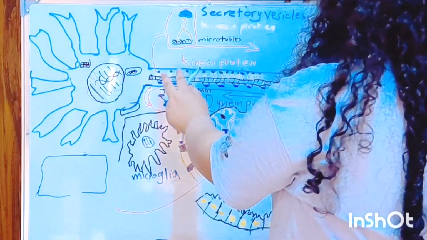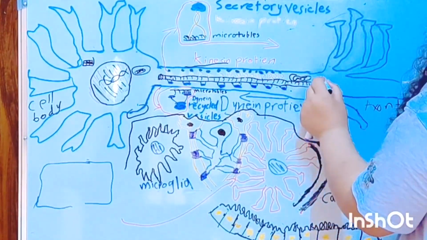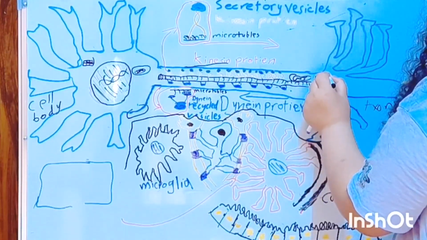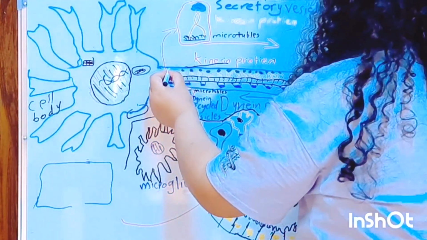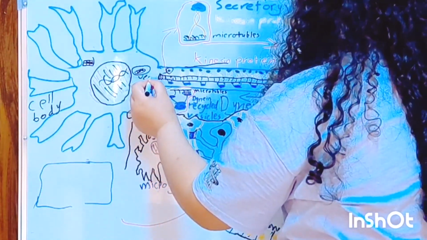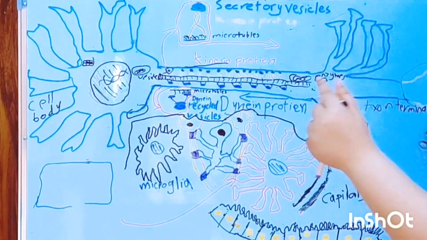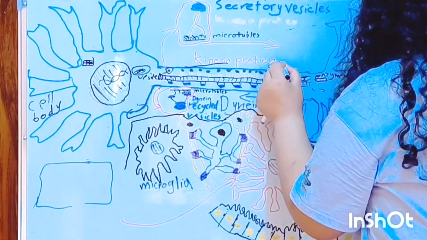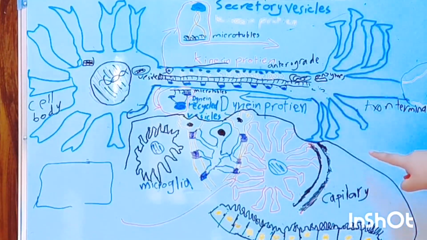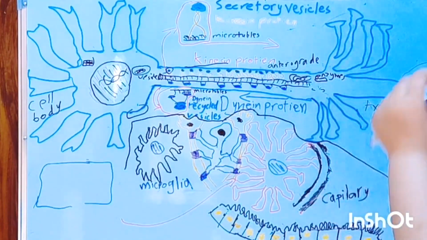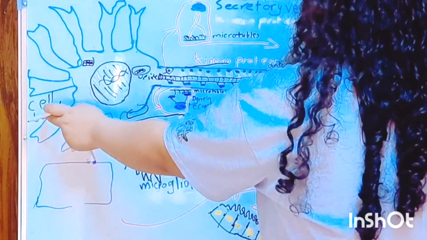The kinesin's main function is moving mitochondria, maybe enzymes, and maybe those neurotransmitter-filled vesicles from the cell body to the axon terminal, and that's what we call anterograde. While the dynein's main function is making the substrate move from the axon terminal to the cell body.